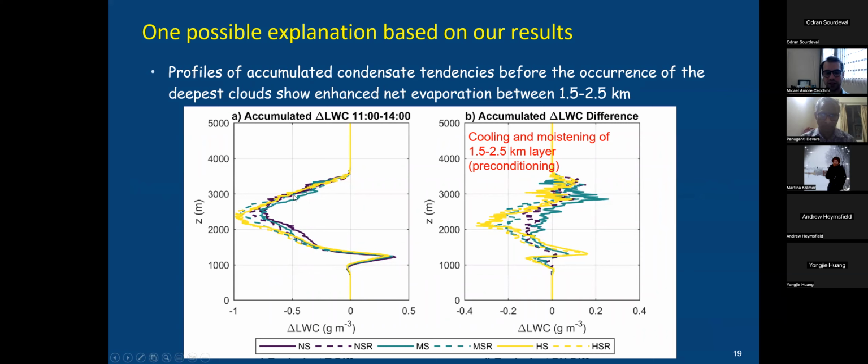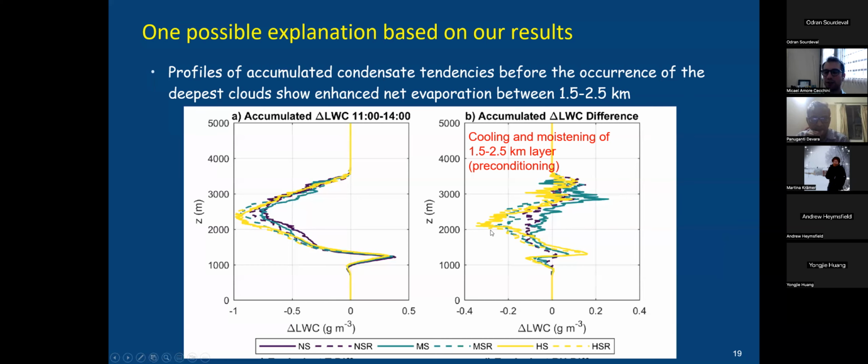This profile is the accumulated liquid water content that was released to the atmosphere between 11 a.m. and 2 p.m., just before the big cloud formed in the high shear case. And you can see that you have significantly more moisture being released when you have higher shear. And this would lead to about 0.2, 0.3 grams per cubic meter at about 2 kilometer height.